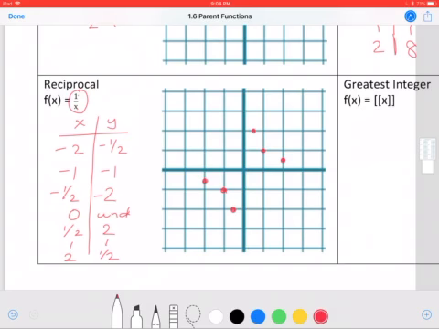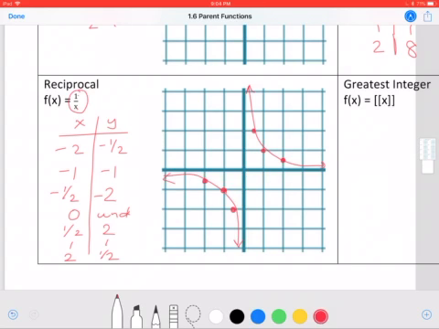If you're not sure what's happening, that undefined bit, oh, I totally missed. That undefined piece is a vertical asymptote. So that's the parent reciprocal function.